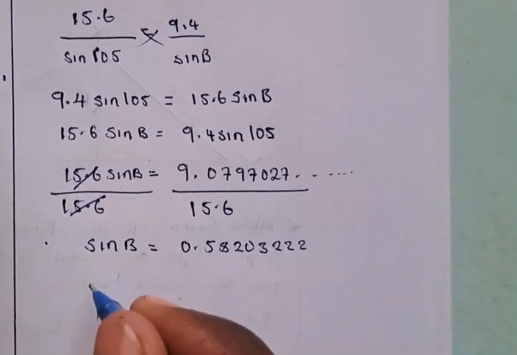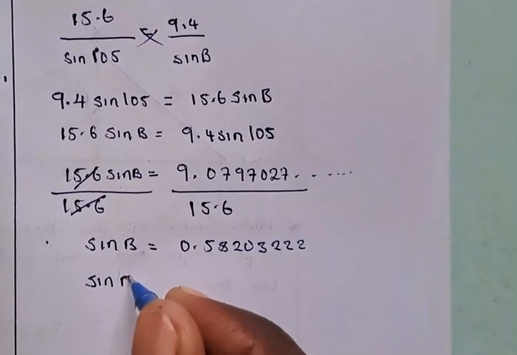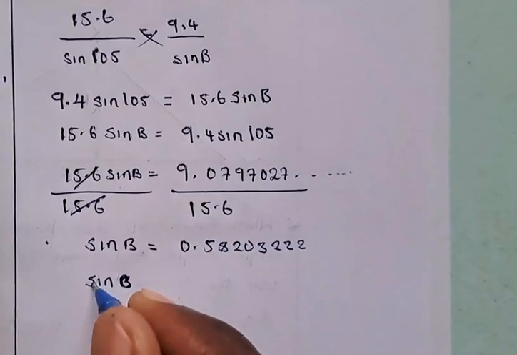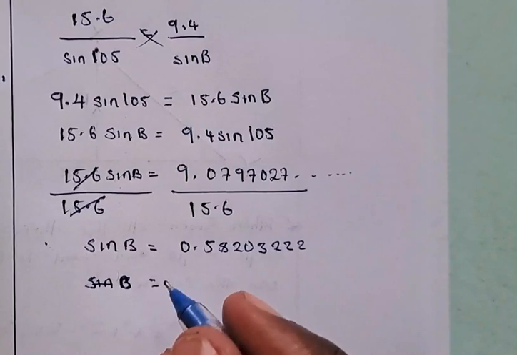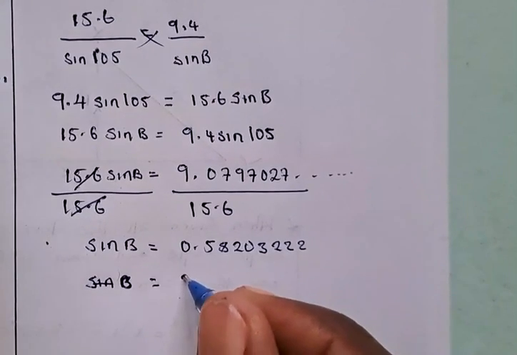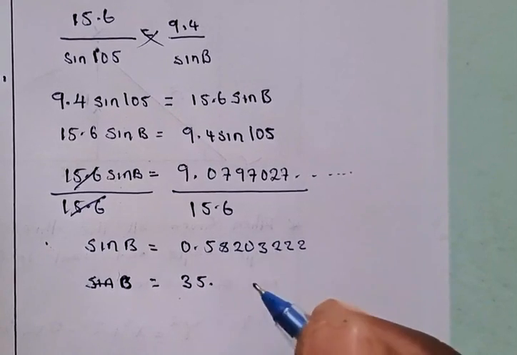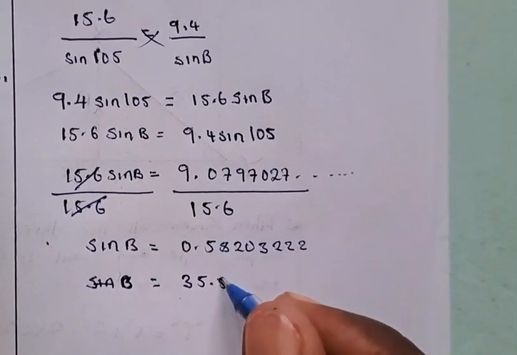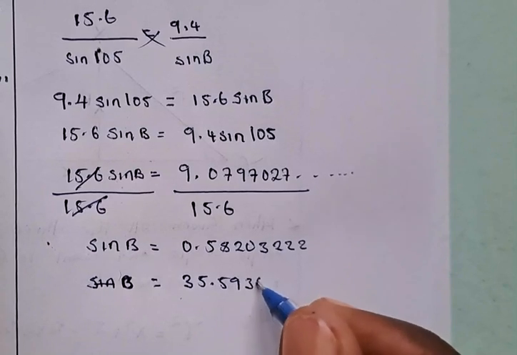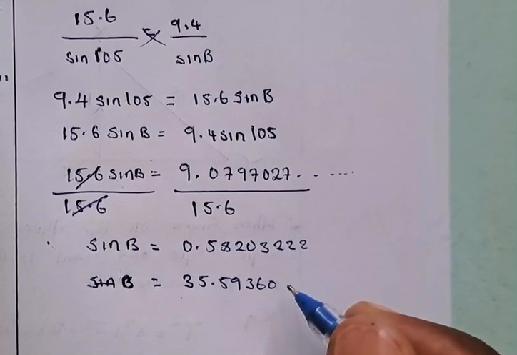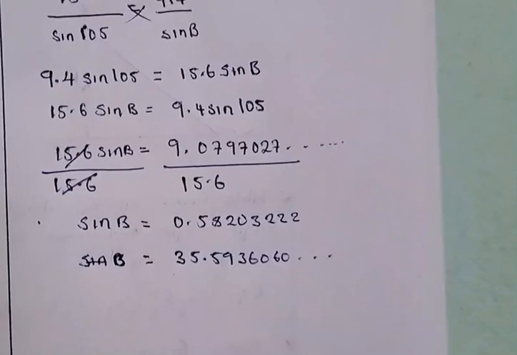Okay, so the answer, sine B, the one that we are looking for, just B, not sine B. So B, since we use the second function, is equal to 35.5936360. Yeah, the numbers continue to go on and on.